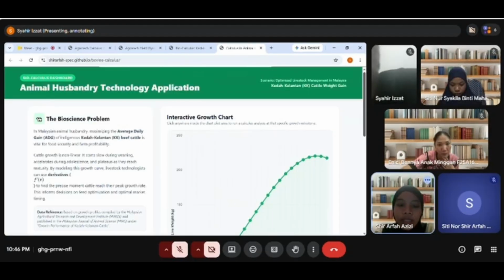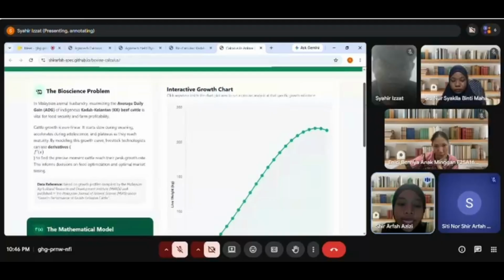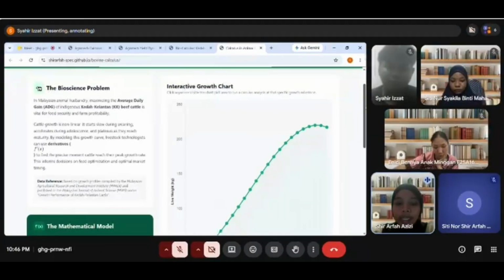Good day everyone. Today I will present a fascinating application of biocalculus in the field of animal husbandry. We are specifically looking at modeling the weight gain of Malaysia's indigenous Kedah Kelantan, KK, cattle. By using differential calculus, we can move beyond guessing and enter the era of precision farming.